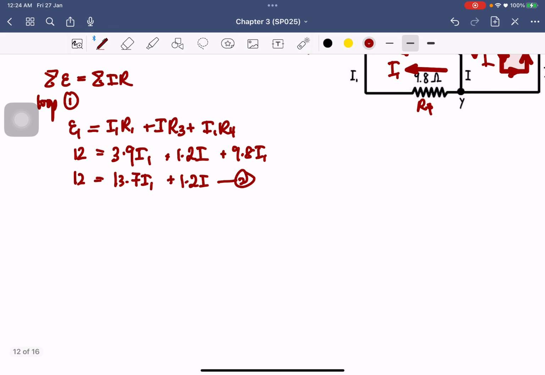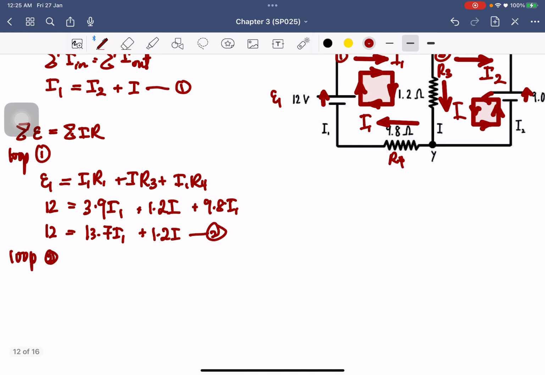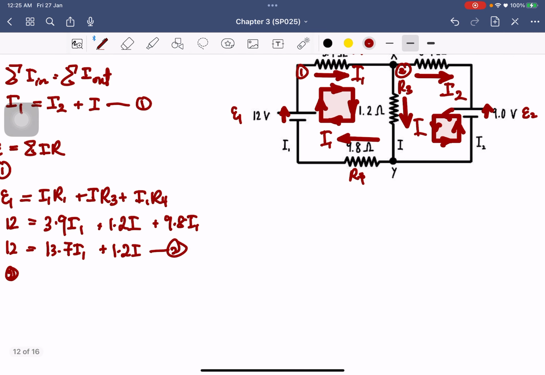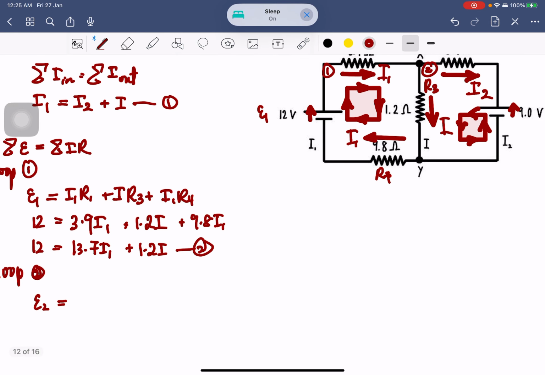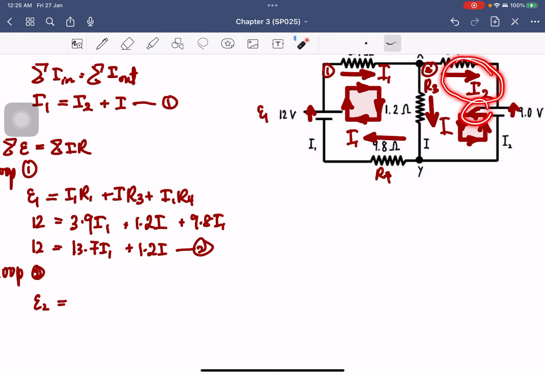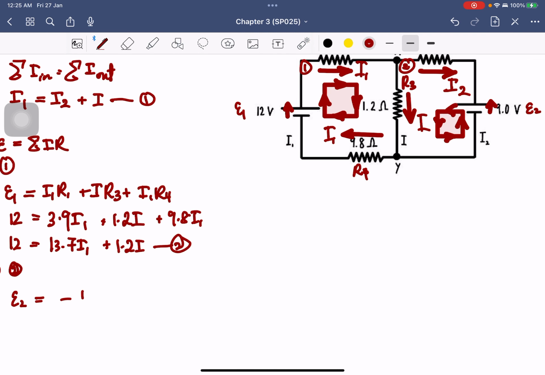Okay, so now we have to look at loop number 2. EMF 2 is following the direction of the loop, so it is positive. And then the current number 2 is going against the direction of the loop, so it will be negative I2 R2.